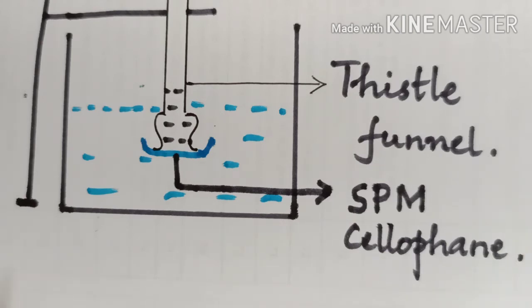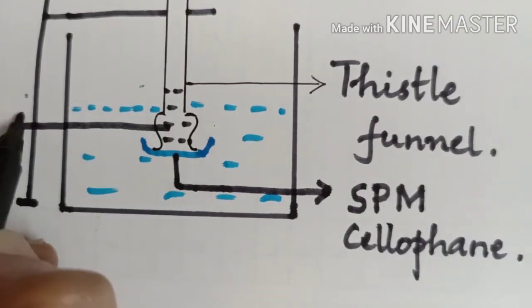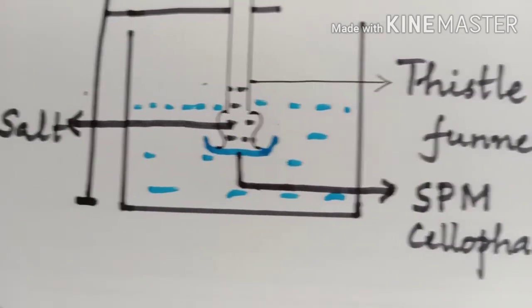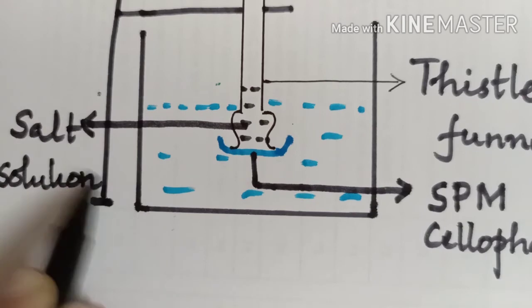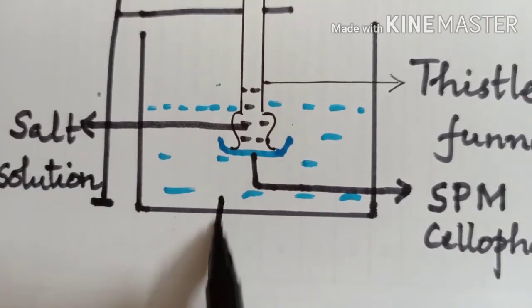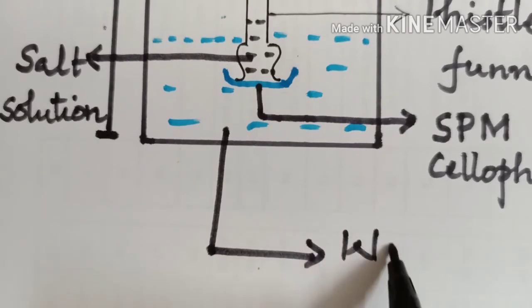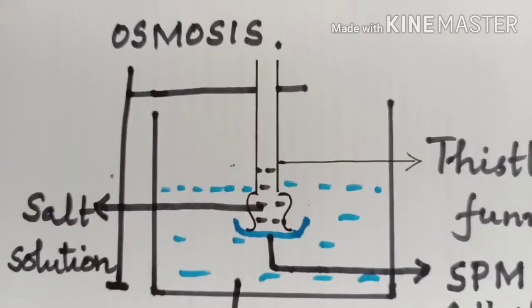So we have a salt solution inside the tissue funnel, and it is separated from water outside. What do you understand by osmosis?